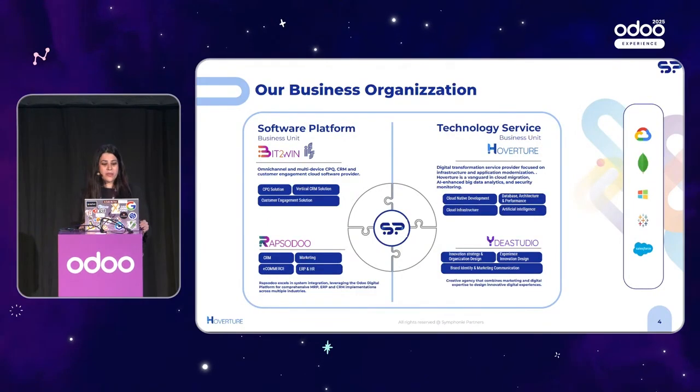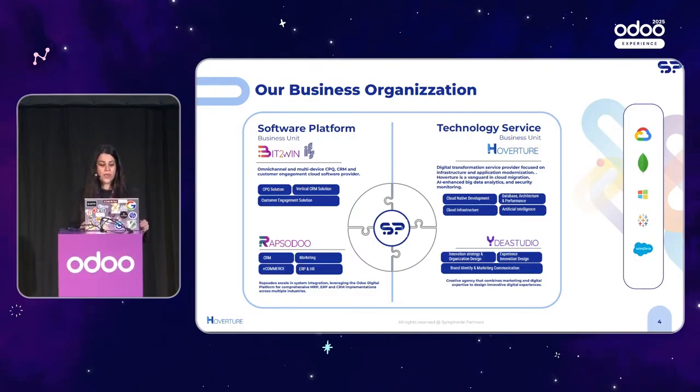Just a deep dive about our business organization. We have the software platform part, which is made by Between and IFS and is focused on CPQ solutions. And then we have Odoo that is focused on ERP and CRM implementation and is based on Odoo. And then we have the technology services part, which is composed by Overture, the digital transformation service provider, focused on cloud native development and integrations.